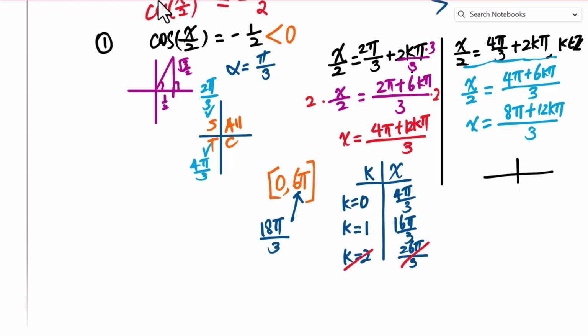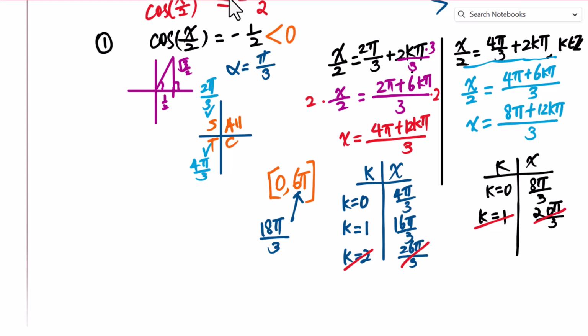For the second solution, k equals 0, we got 8 pi over 3. K equals 1, we got 20 pi over 3. It's out of domain.